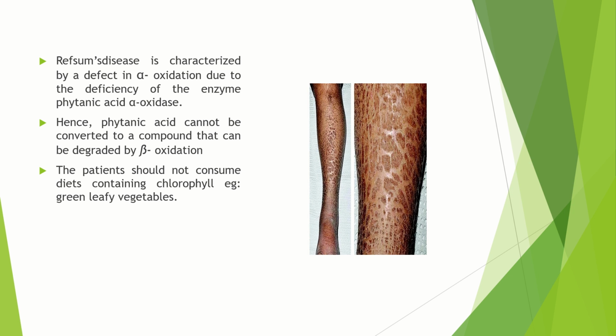First it has to be converted to a compound, and then that compound can be degraded by beta oxidation. But here, because of the deficiency of this alpha oxidase enzyme, the phytanic acid is not going to be converted to a compound which can be degraded by beta oxidation.